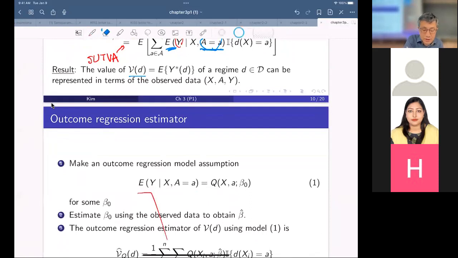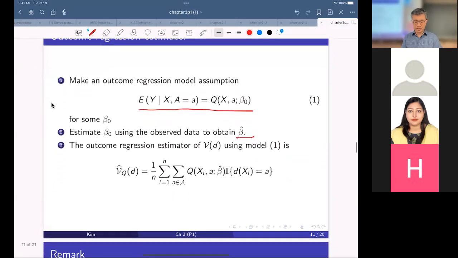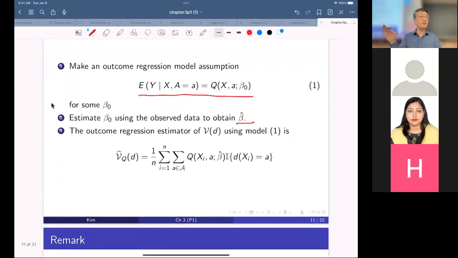You can use a non-parametric model or whatever, but let's just use a parametric model for now. Then this is essentially just a regression, so this second step should be straightforward. You don't need to use weights or anything.